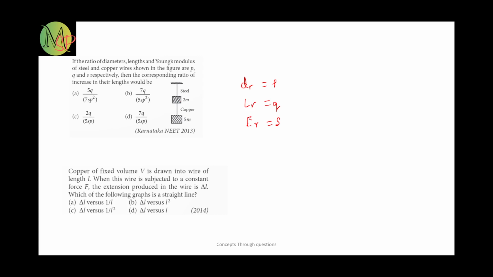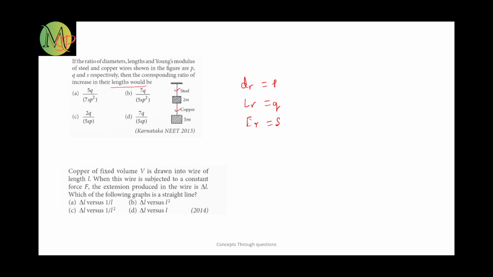Then the corresponding ratio of increase in their length would be, increase in their length. This is the steel wire, this is the copper wire. So increase in their length, this is the question.